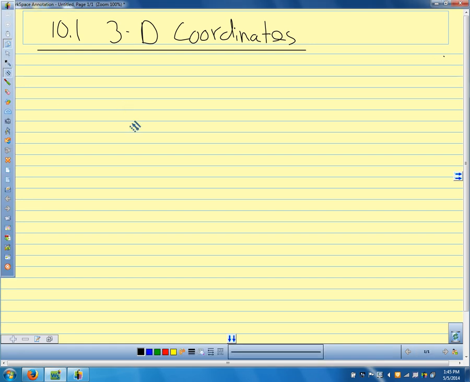So for our 3D coordinate system, what we're going to do is take our x-axis and our y-axis, and turn it sideways. So we call this the x, and this the y. So we're thinking of the xy plane that we normally would draw this way when we're talking about 2 dimensions. Now it's turned sideways, and we're thinking of this xy plane being horizontal.